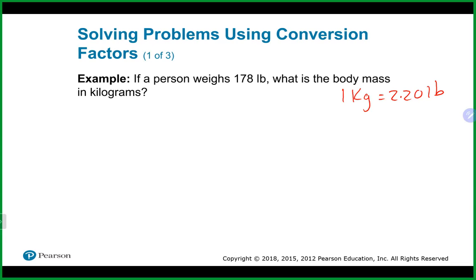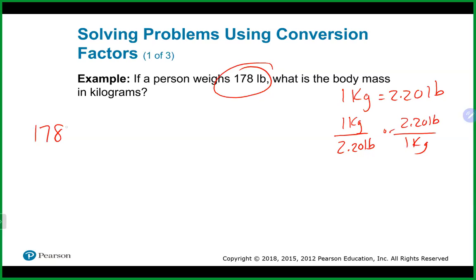Okay, so from this equality, which gives us a direct path from pounds to kilograms, 1 kilogram is 2.2 pounds, or 2.2 pounds is 1 kilogram. So once again, we're going to start with our number here, and that's going to be 178 pounds. The pounds are up on top, so to go opposite of it, we're going to put it on the bottom so that they cancel.